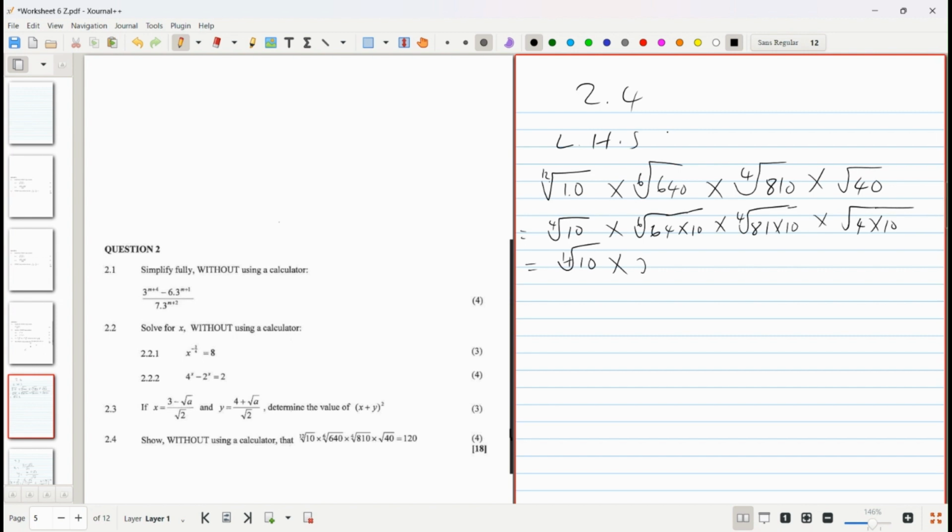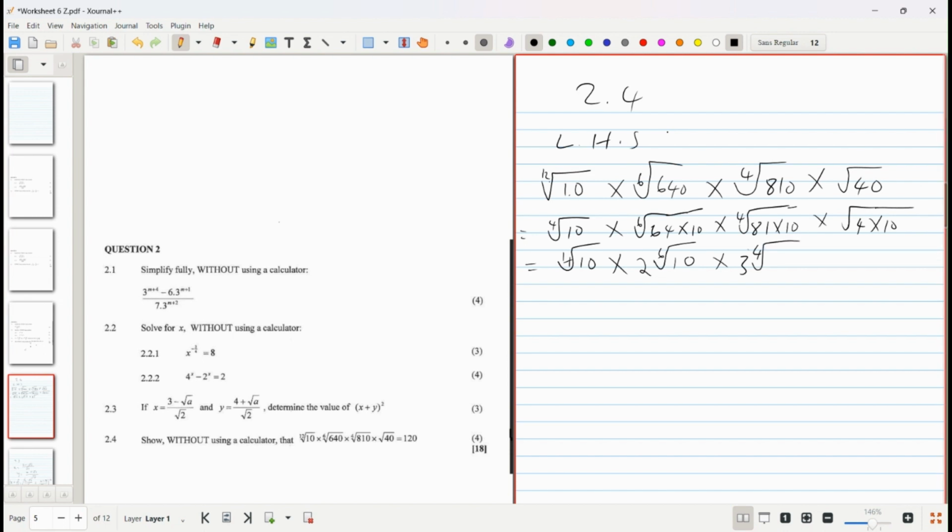So this will be 2. And then 81 can be written as 3 to the power 4. So the fourth root of 81 is 3.